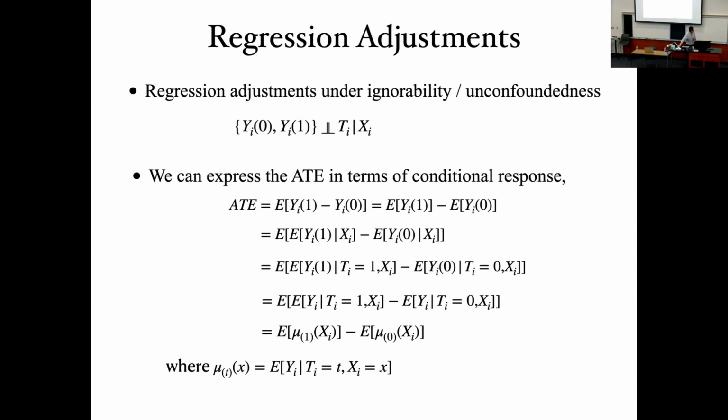Let me just write it down. So here, you have T, you have outcome. This is the stone size, this is treatment, this is outcome. In that case, you can see the stone size and treatment are dependent.